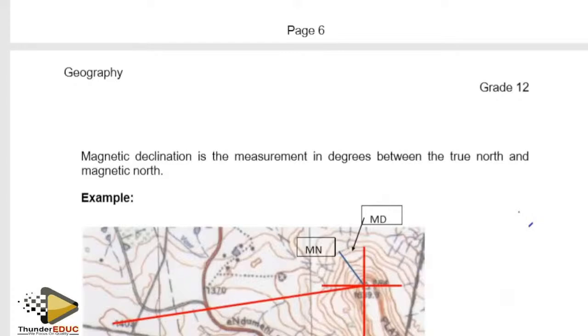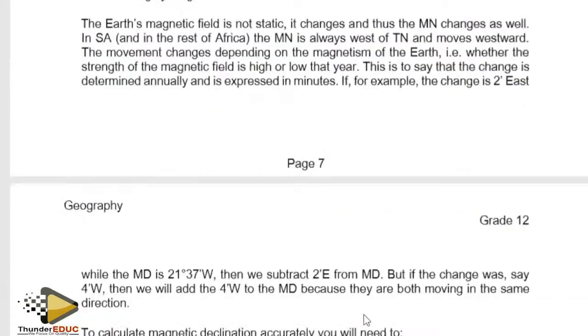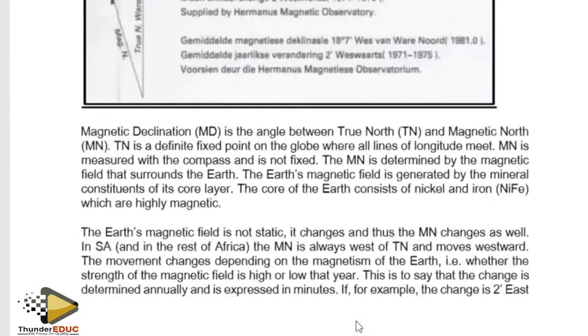Have I joined the two points with a line? How is clockwise supposed to be? When you are drawing your true north, the true north for the cardinal point should be sitting straight. All right. That is true bearing.